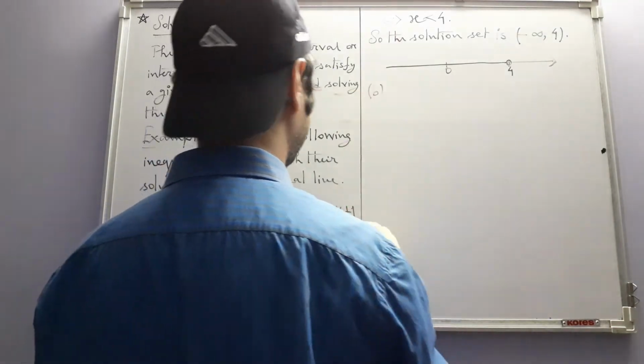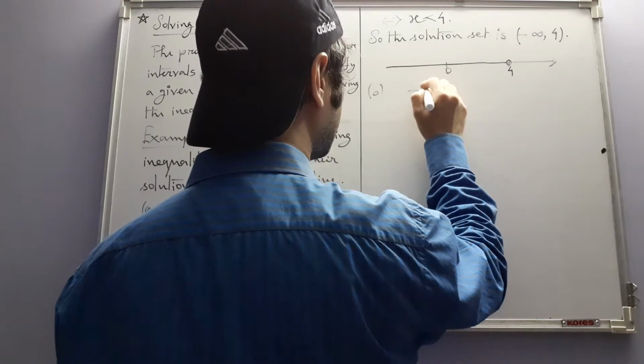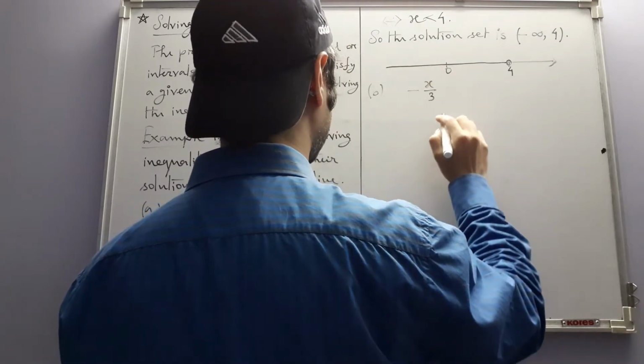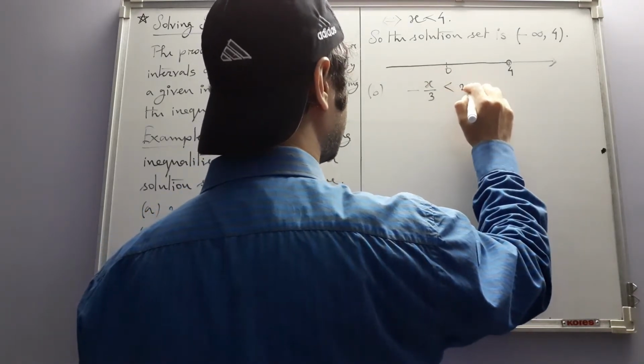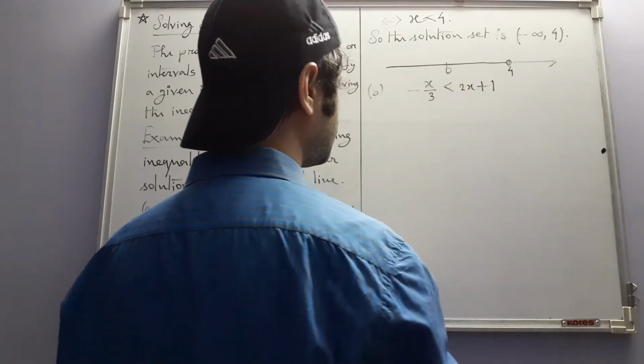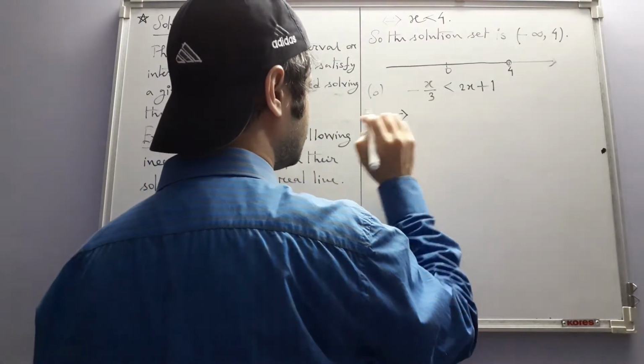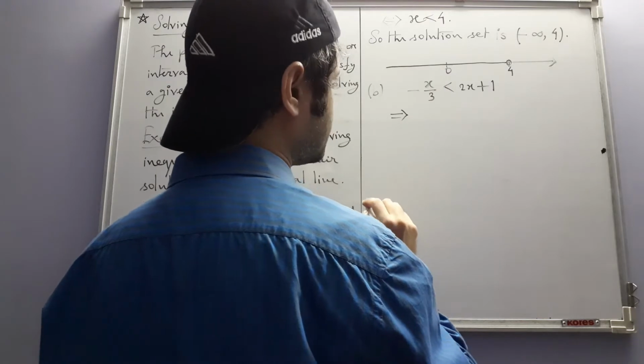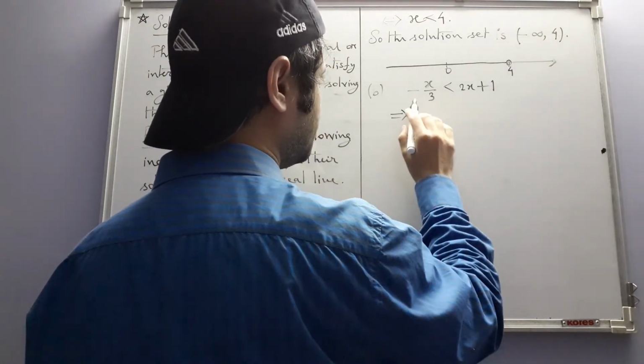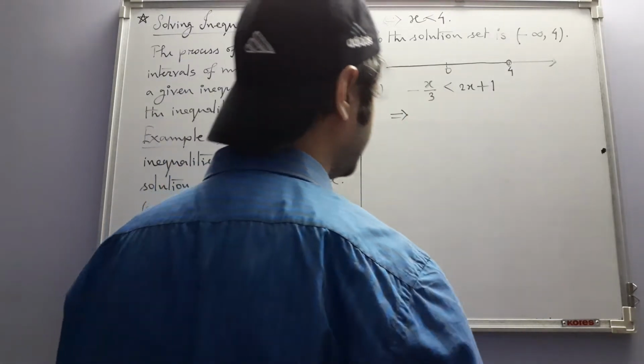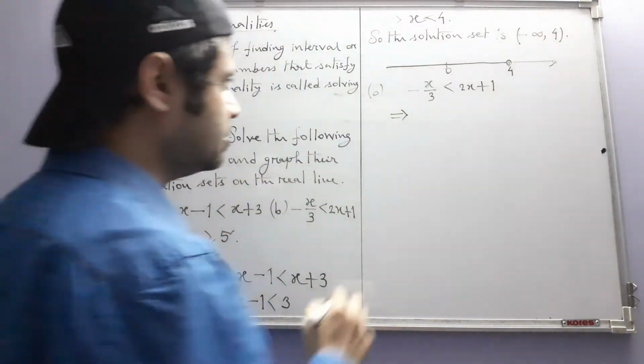B: minus x by 3 is less than 2x plus 1. This implies we can simplify the situation by multiplying both sides by 3.